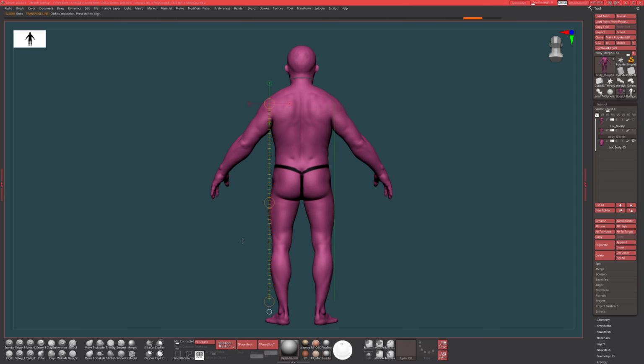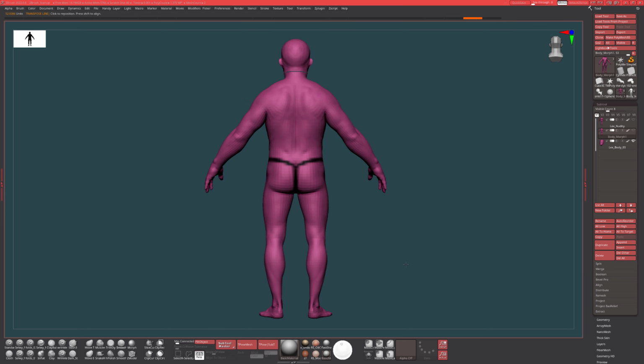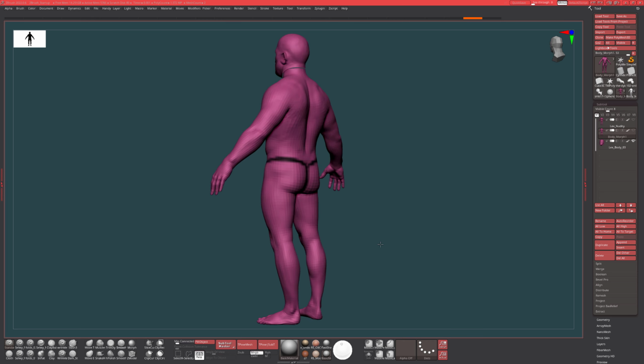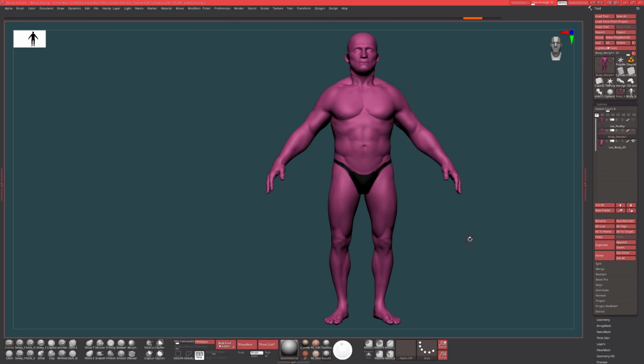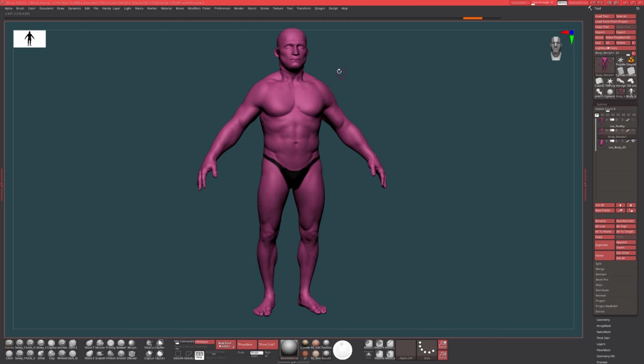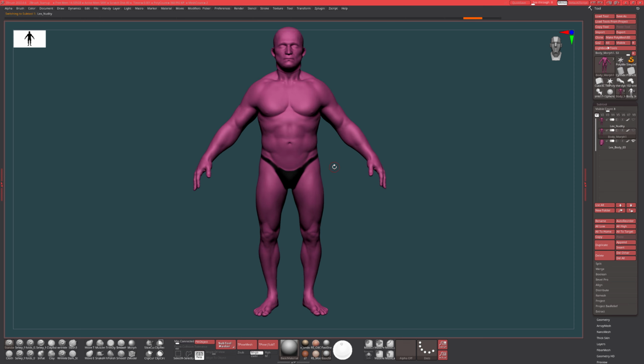Nonetheless, because this is the process that I've decided to go with, this is how I approach things. So he's now a little bit more grounded. He looks like he actually has some kind of weight right behind him. And in terms of the execution of things, this is now way cleaner, that's for sure.